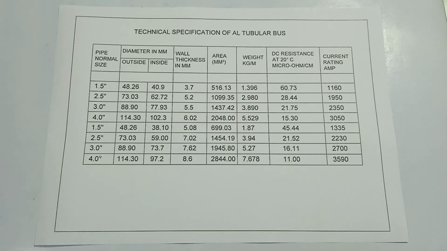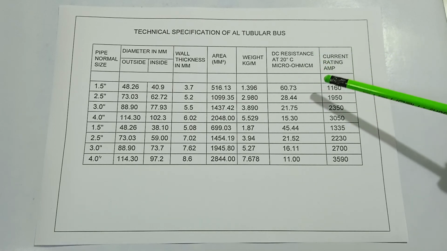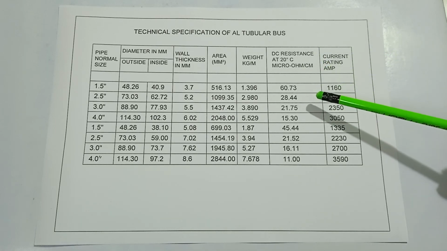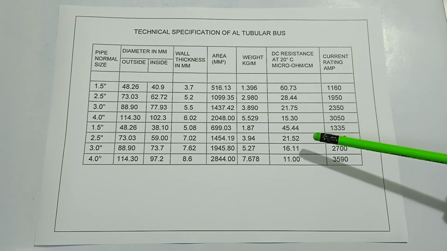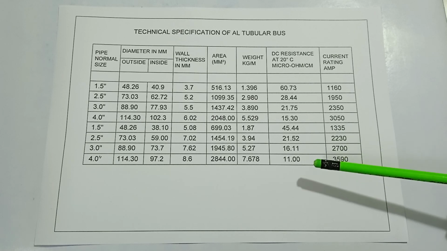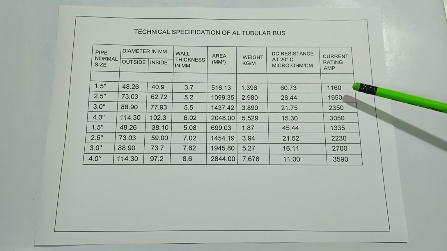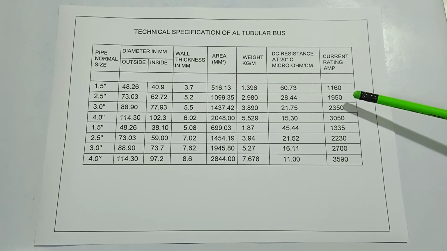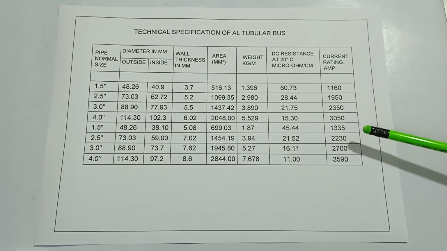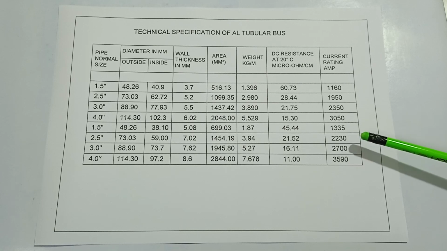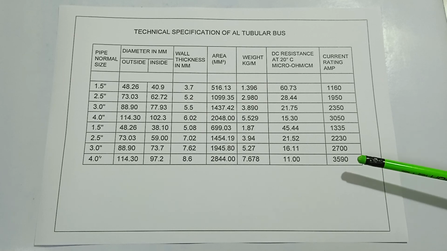And here is the DC resistance at 20 degrees centigrade: 60.73, 28.44, 21.75, 15.30, 45.44, 21.52, 16.11, 11.00. Current rating in amps: 1160, 1950, 2350, 3050, 1335, 2230, 2700, 3590.